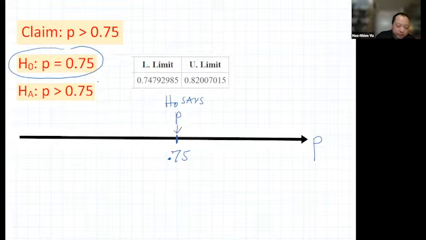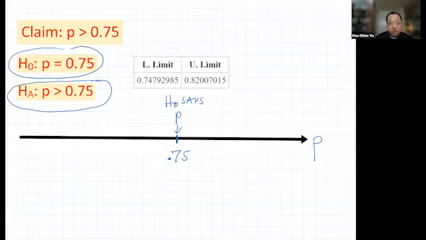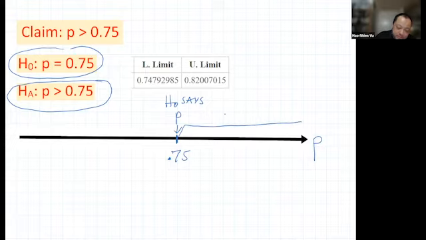What about the alternative hypothesis HA? HA says P is larger than 0.75. So HA says P is somewhere over here on the right of 0.75. Those are the two hypotheses.